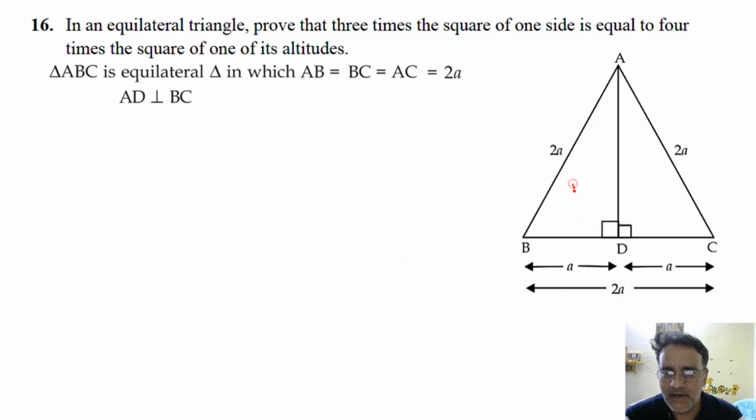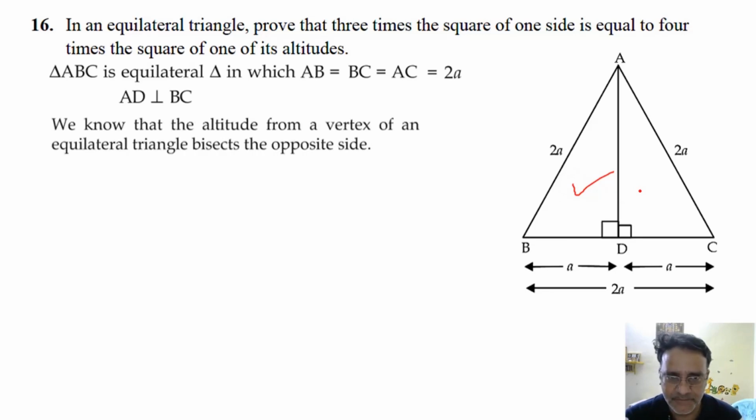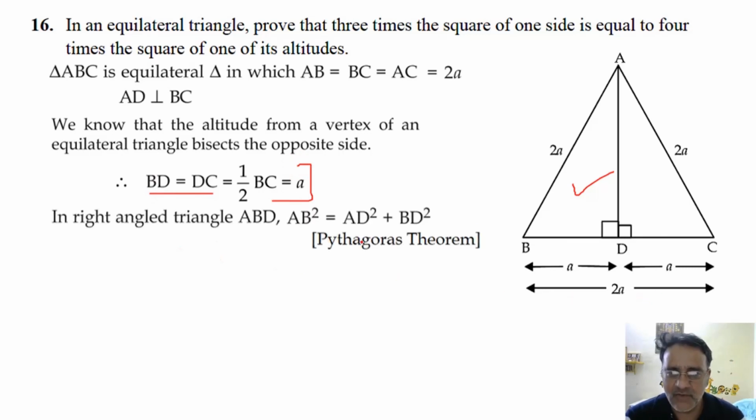Now take this triangle or this triangle and apply Pythagoras theorem. So we know that the altitude from a vertex of an equilateral triangle bisects the opposite side. So these two are equal, both are equal to A. That I already discussed. Now in right angle triangle ABD, AB square is equal to AD square plus BD square. Now substitute all the values.